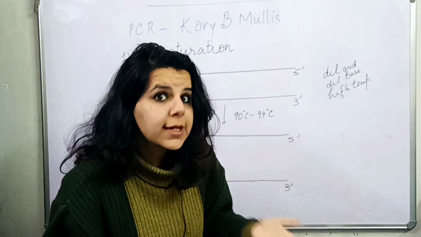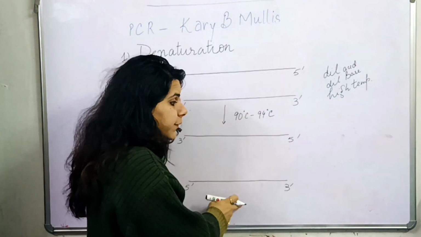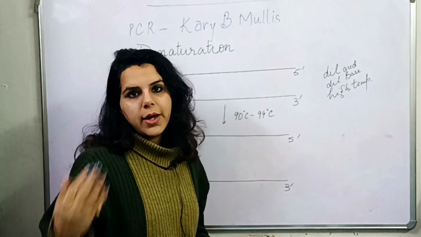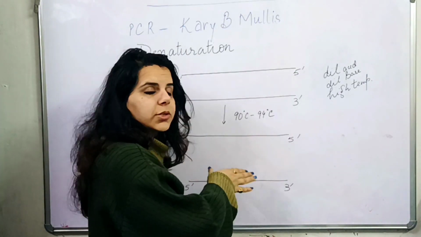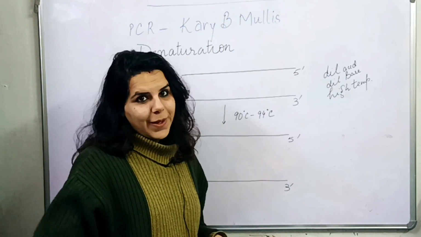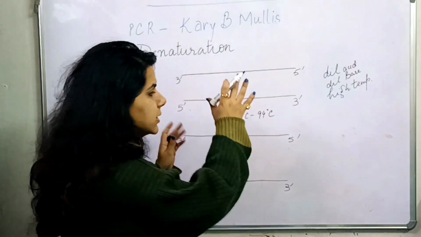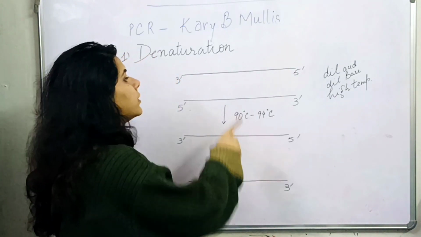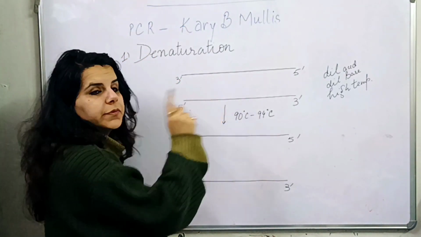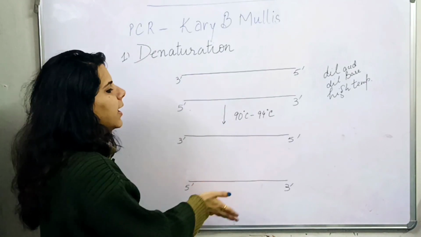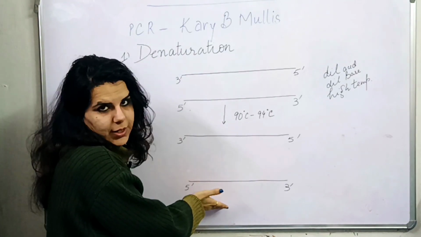I get 2 different separate strands, and now I can use each strand to make another strand, and then I can simply amplify my DNA. So this is about the first step, denaturation, where the hydrogen bonds between the 2 strands of the DNA are being broken apart and we get 2 separate strands.